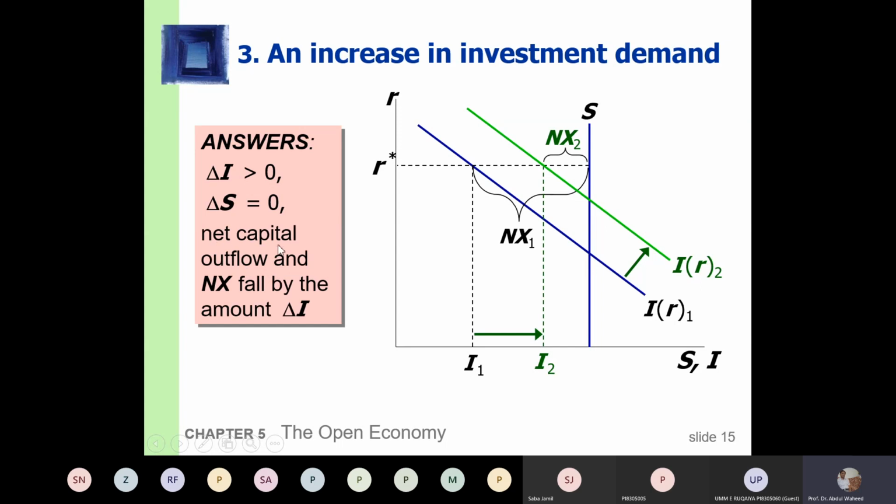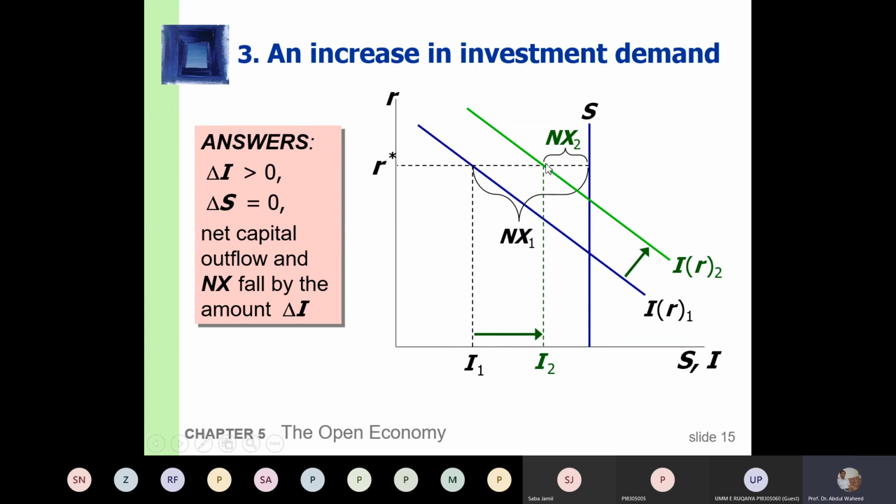So net capital outflow and NX fall by the amount of delta I. This was the net export NX, but when there is an increase in investment, there is a decrease in net export by this much, and this equals the change in investment.